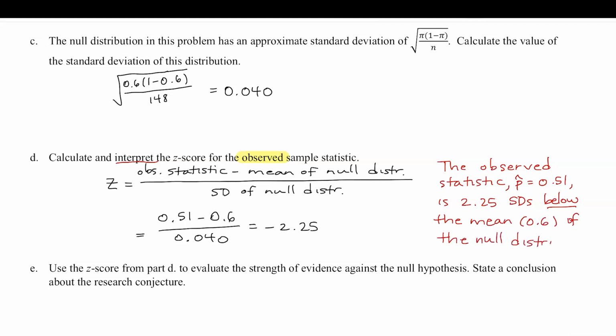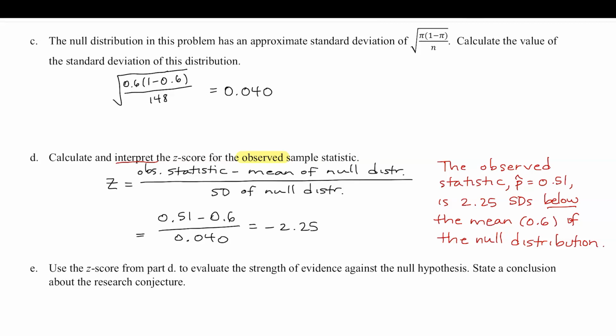So our question in general to run our statistical analysis is, we can obviously see that 0.51 is different than 0.6, but our question is whether it's enough different to be found in the tail of a null distribution. So that's really what we're trying to figure out here.